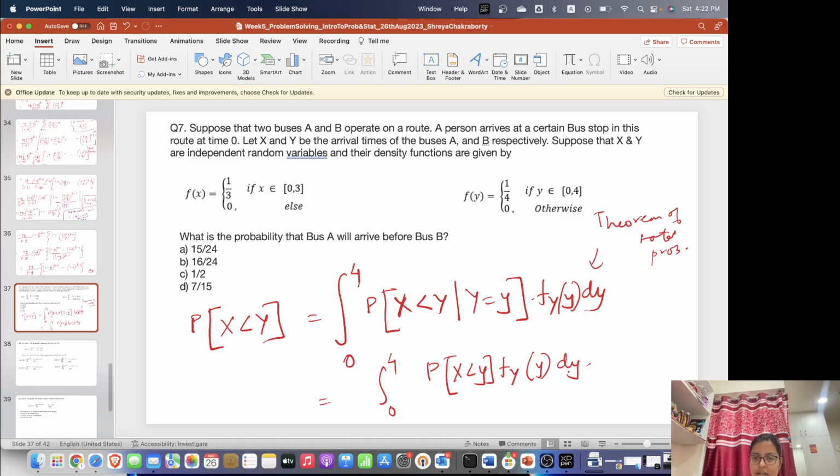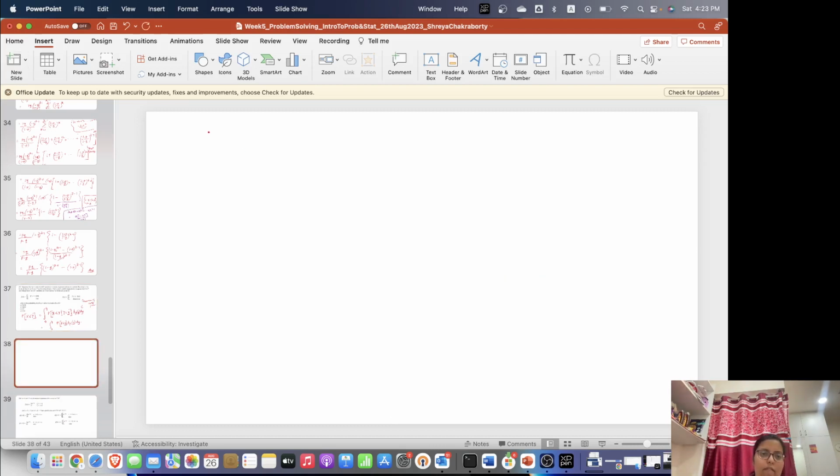So we can write this. Now this one we can simplify. We have 0 to 4, y can range between 0 to 4. We should have probability x less than y and the marginal of y, dy.